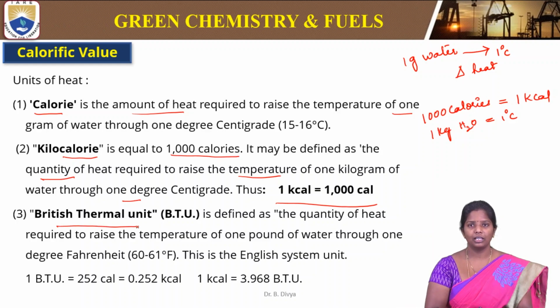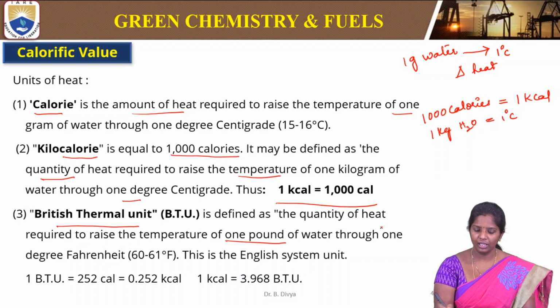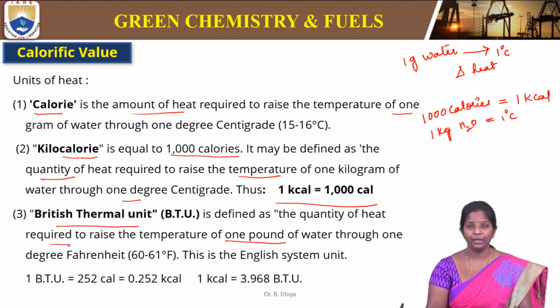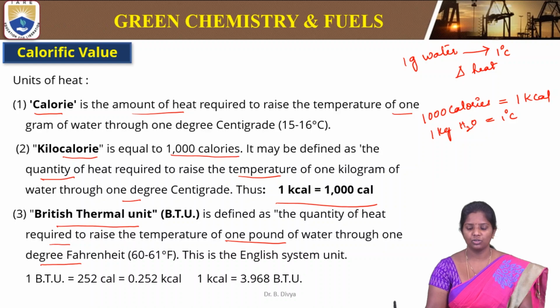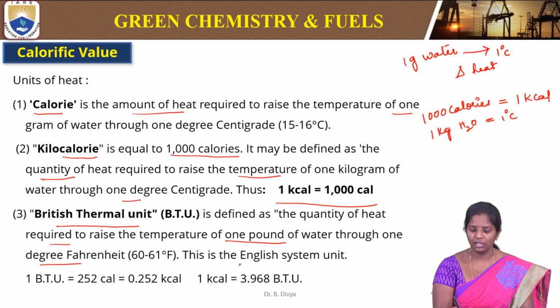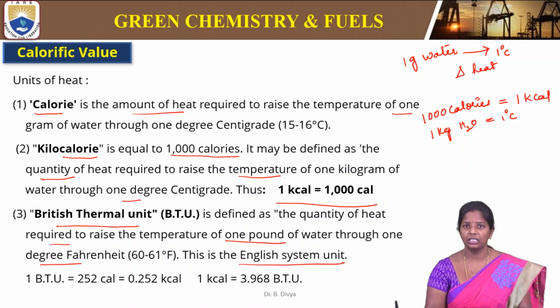Whenever we say British, just remember 1 pound. The quantity of heat required to raise the temperature of 1 pound of water through 1 degree Fahrenheit is the British thermal unit. This is expressed in Fahrenheit, the English system of units.